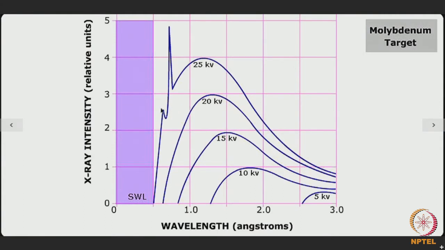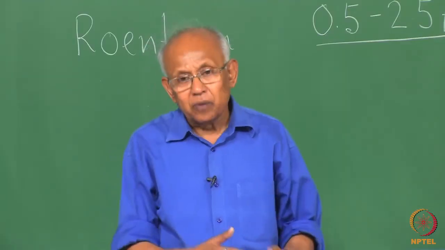and these wavelengths, this and this, are known as the characteristic radiation. So, before we go up to 25 kilovolt, whatever voltage we apply across the anode and the cathode, we get a host of radiation of different wavelengths.